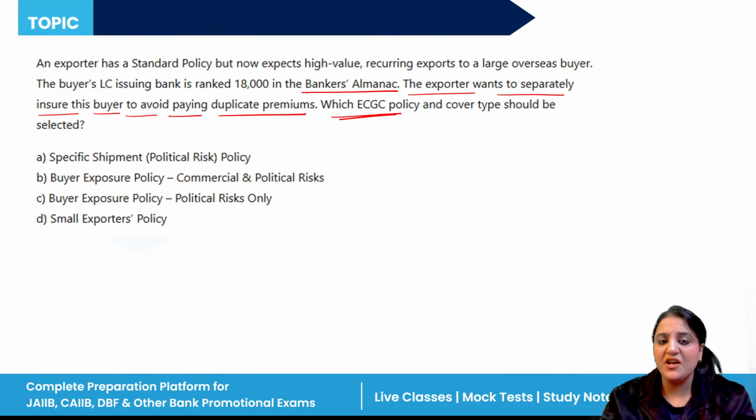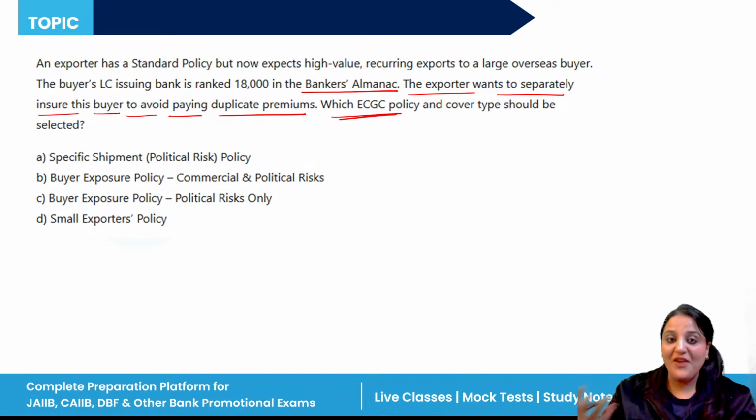What is the meaning of buyer exposure policy? Buyer exposure policy is only for the large exporters, because they insure exposures on a specific buyer. It provides flexibility to cover all the shipments, so it will cover everything under one policy. Since here the LC issuing bank's world ranking is less than 25,000, failure of that bank is also covered under the commercial risk.